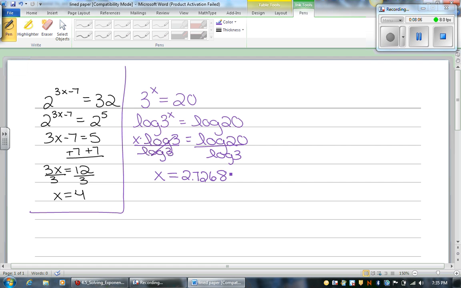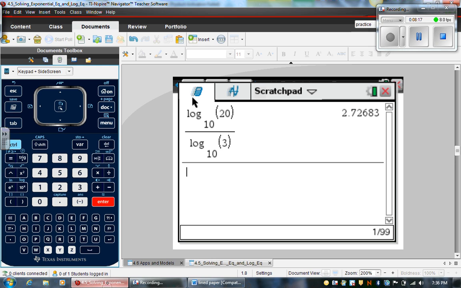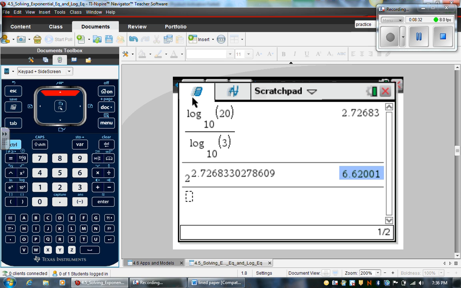Now, we could check this by finding 3 to the 2.7268. And when we put that into our calculator, oops, I have the wrong base in there, don't I?